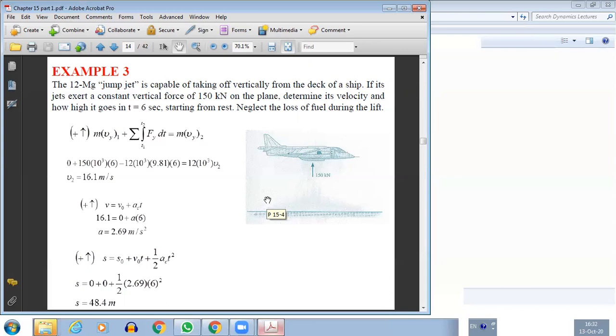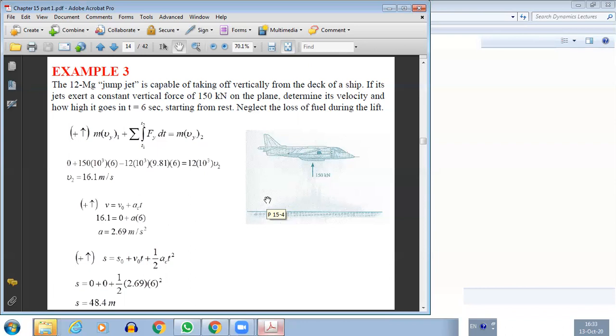So in order to solve the problem, since the motion of the plane is only in the upward direction, we only need to apply the impulse and momentum law in the y direction. So it will be mvy1 plus the summation of Fy dt equals mvy2.